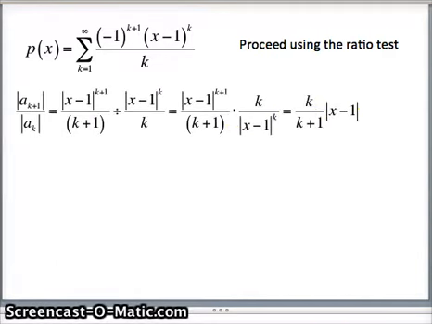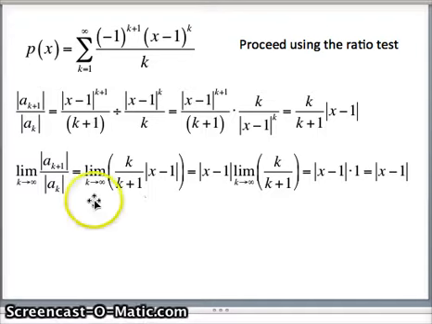Recognize k is changing, so absolute x minus 1 can come out in front, times the limit as k goes to infinity of k over k plus 1. But as k goes to infinity, this just goes to 1, and I get absolute x minus 1.